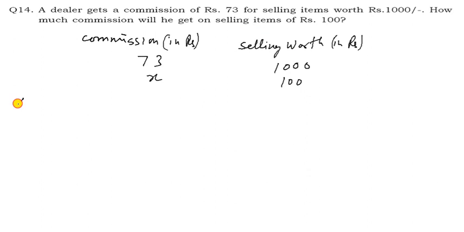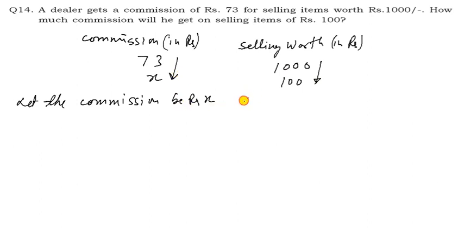Now let the commission be rupees x. If a person sells more worth, that means he gets more commission, and that is direct variation. So you can put the down arrow, and write it is direct variation.